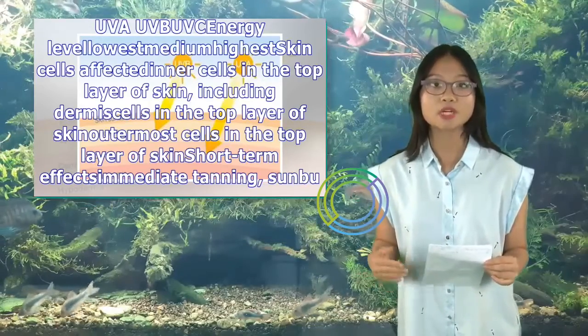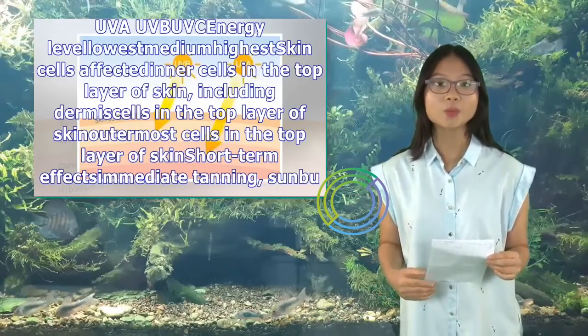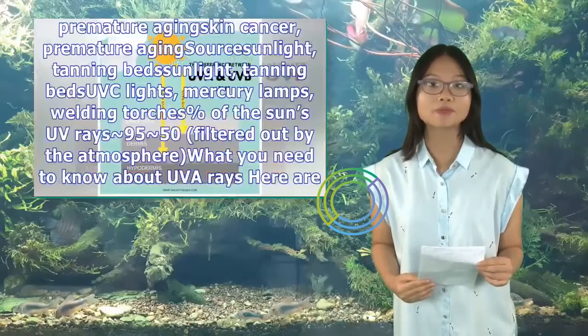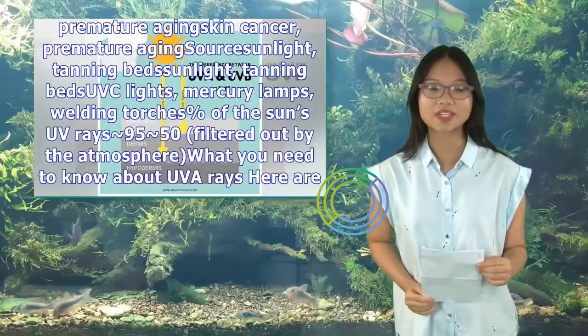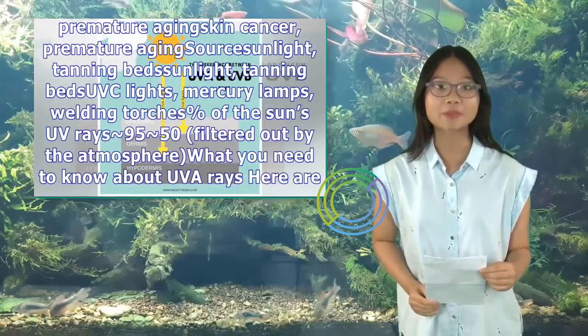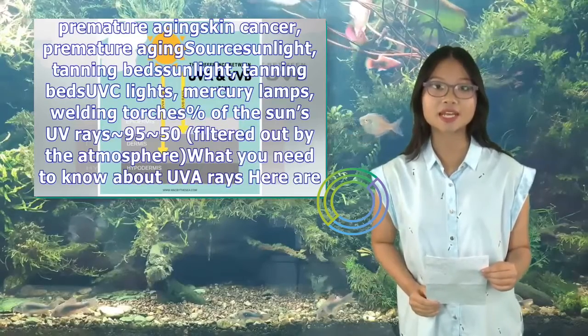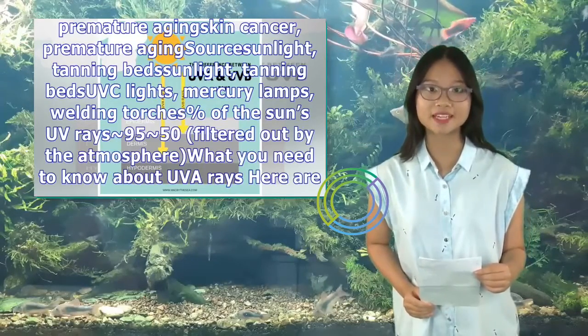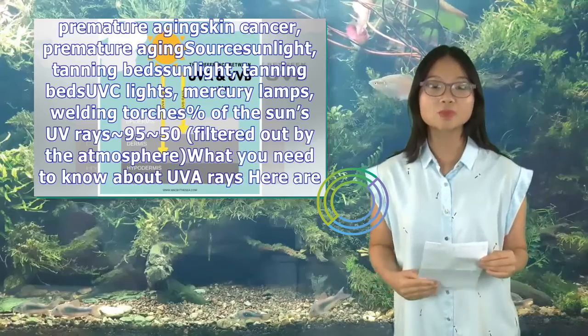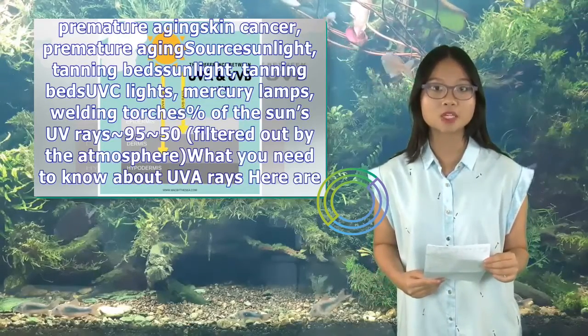Long-term effects: premature aging, wrinkles, some skin cancer. Skin cancer, premature aging. Sources: sunlight, tanning beds, UV lights, mercury lamps, welding torches. Percent of the sun's UV rays: 95 to 50, filtered out by the atmosphere.